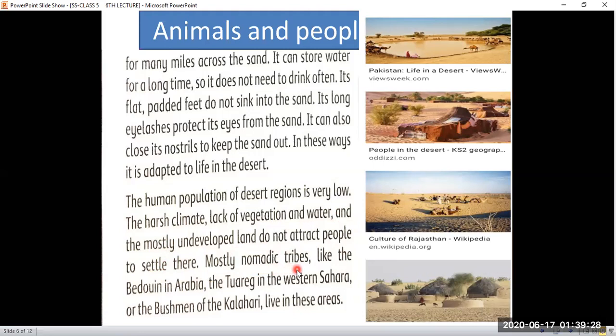Mostly nomadic tribes like the Bedouin in Arabia, the Tuaregs in the western Sahara Desert, or the Bushmen of the Kalahari live in these areas. So life in a desert is not very easy, which is why few people live in the desert areas of the different countries.